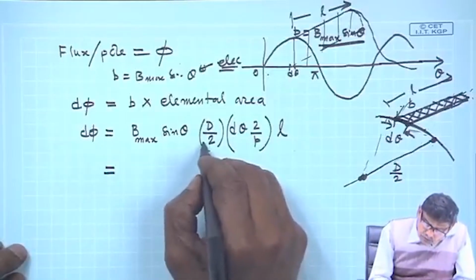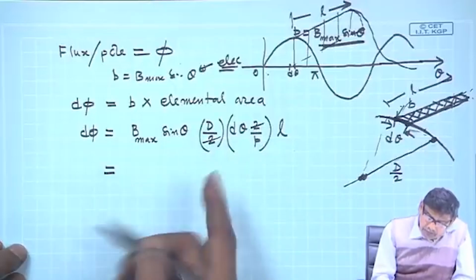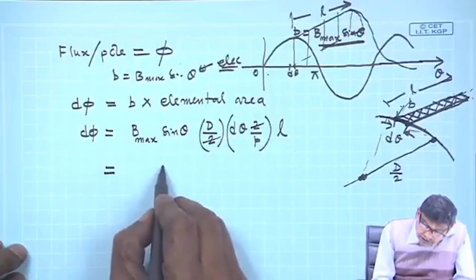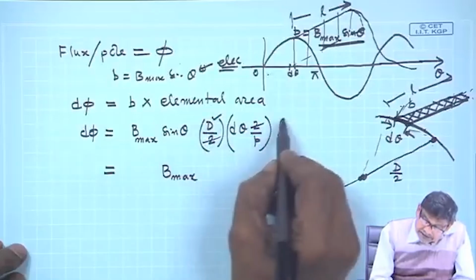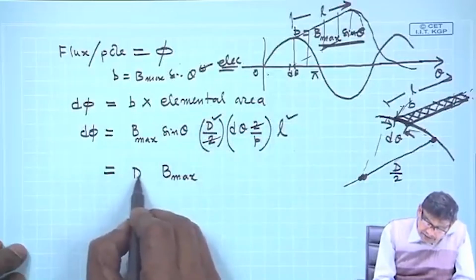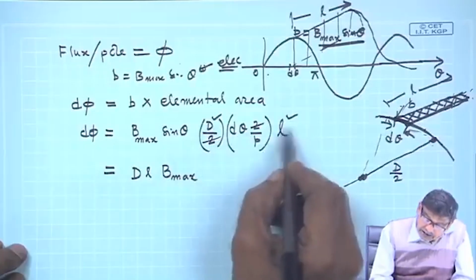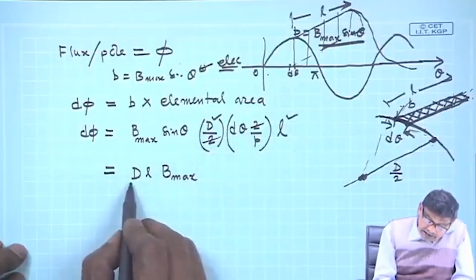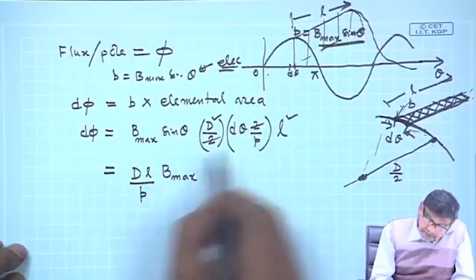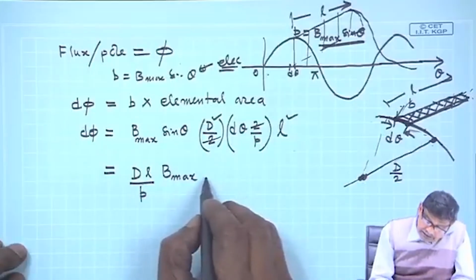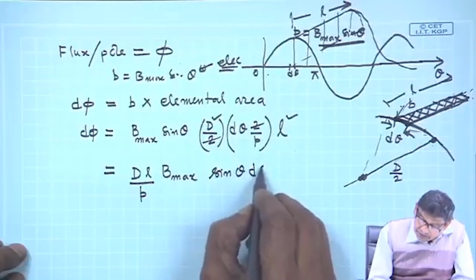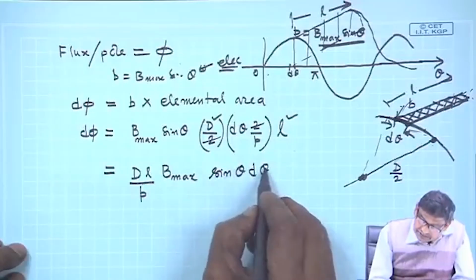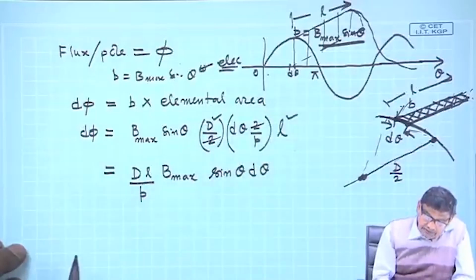So, this 2 goes, okay. Hopefully it is correct, let us see. So, it will be B max, then this D and L, D is the diameter of the rotor, L I have written, d theta, and there was a P here, and then this is sin theta d theta. Now, this theta is in electrical, d theta is also in electrical.